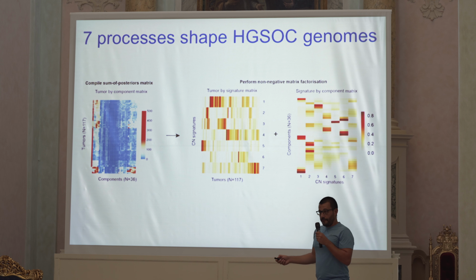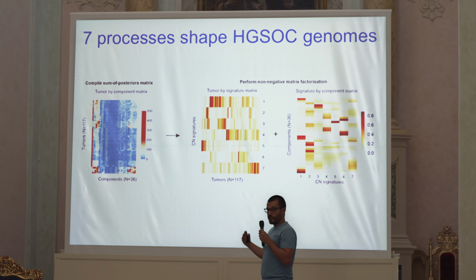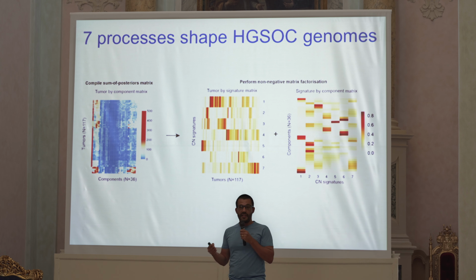If you do NMF, you decompose the matrix into two matrices. One of them has the number of tumors in one axis and a certain magic number of copy number signatures. And the second one has the number of components and the same number of copy number signatures. You use model selection again to find out how many signatures you need to describe your data well.